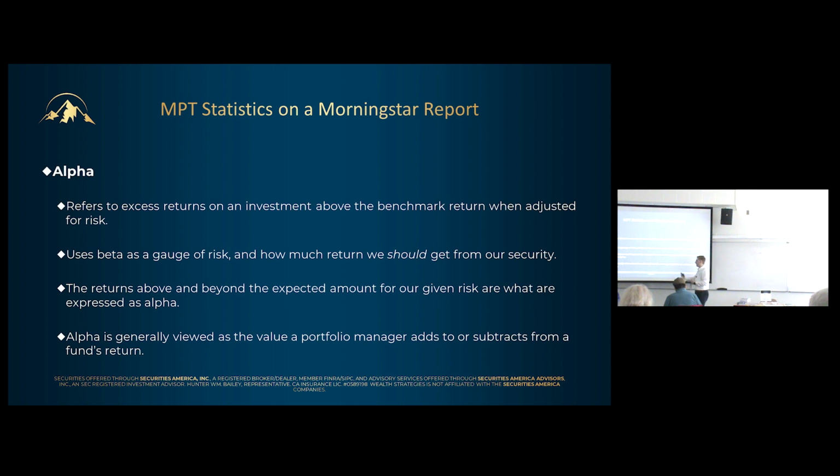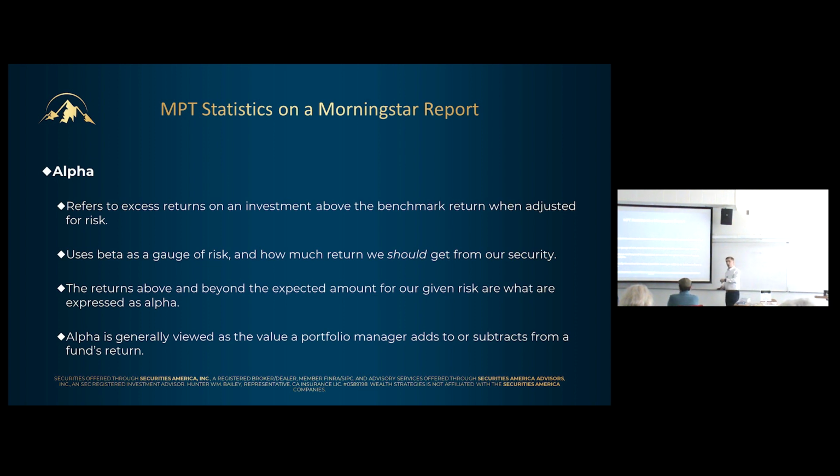The returns above and beyond the expected amount for our given risk, for our beta, are what are expressed as alpha. Alpha is generally viewed as the value a portfolio manager adds to or subtracts from the fund's return. With that end statement, this is what I want you to focus on the most: the value that is added, because alpha can be both a positive and a negative number.